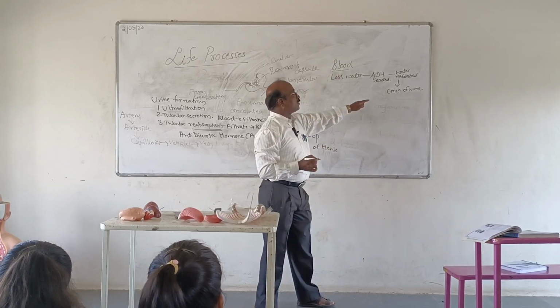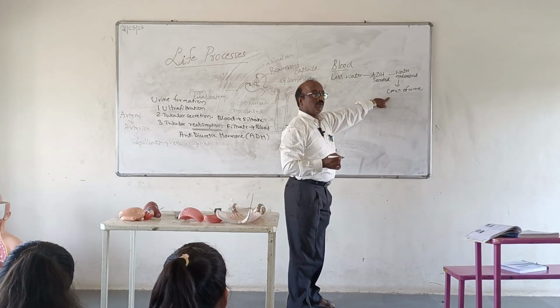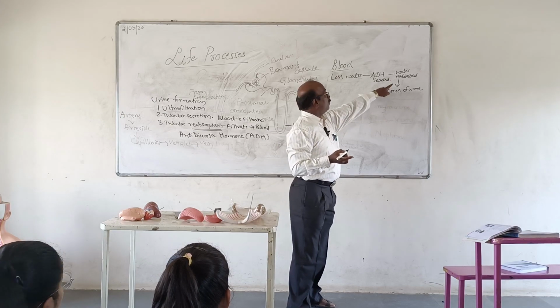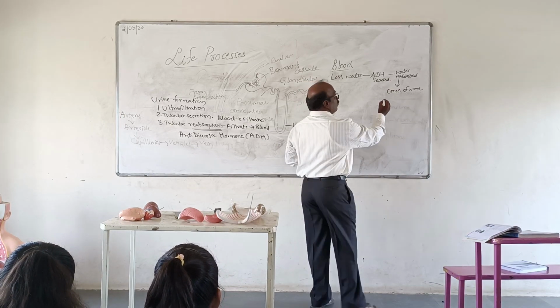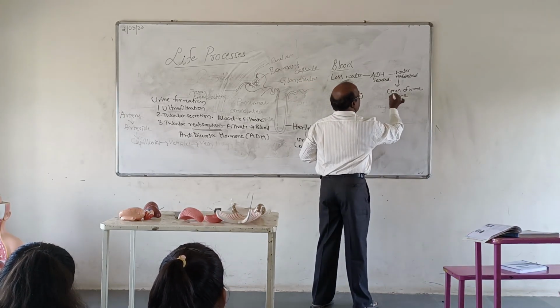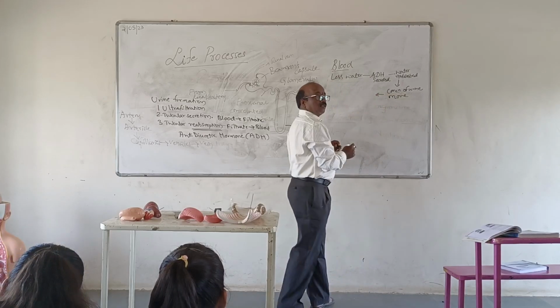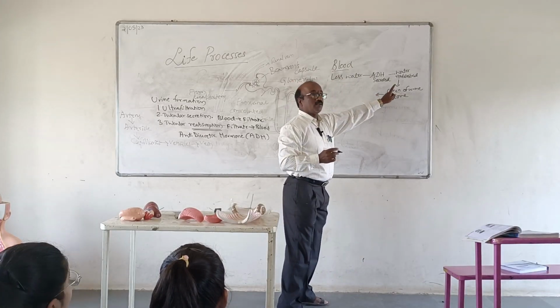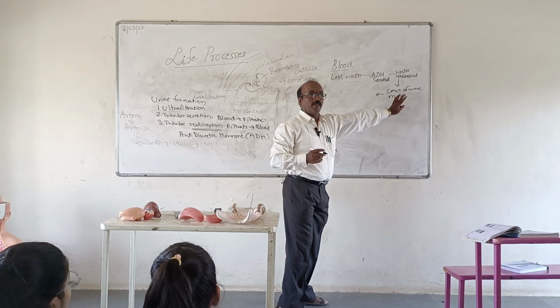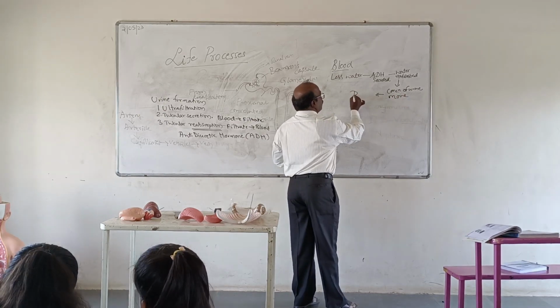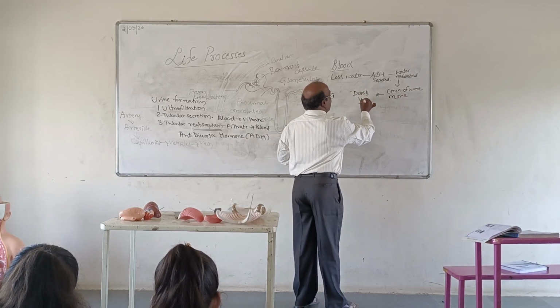When water is reabsorbed, the concentration of urine is more, so we eliminate concentrated urine. That means the urine will be dark yellow in color.